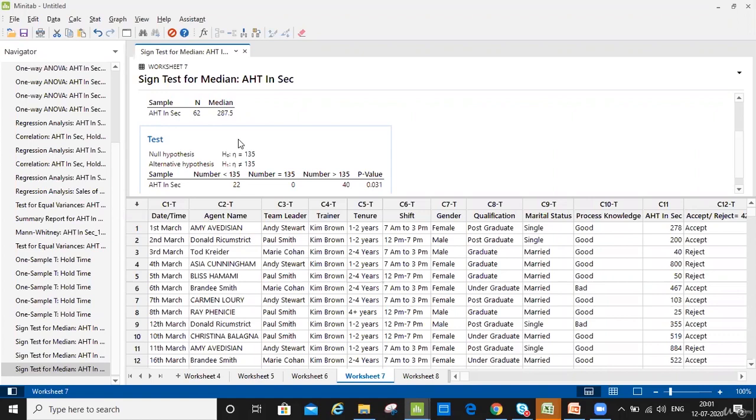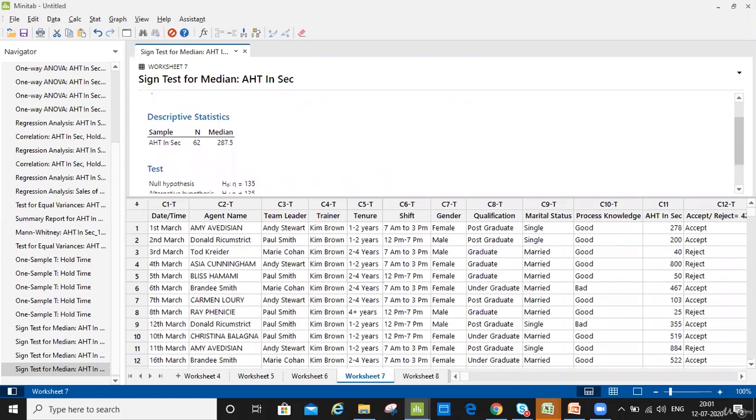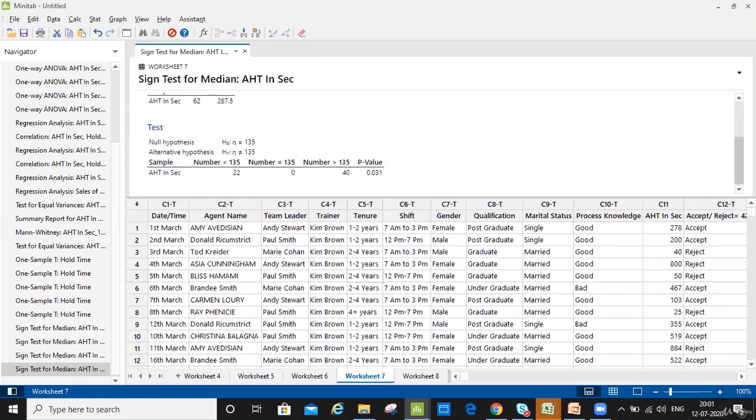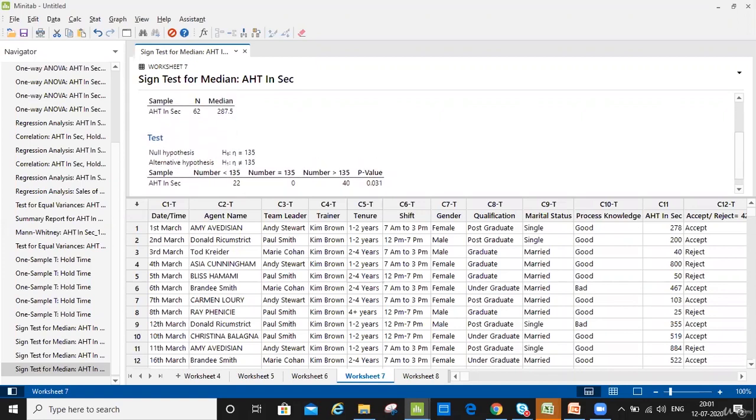But in one sample T, when the data is normal, it's pretty easy, even looking at big data, to decide on a target. So in my view, one sample Z gives us much more insight, because you can't just look at the median of 287 and decide a target of 250. That's not going to be the right one. So this is comparing the median with 135. This is giving me more insight than one sample T.